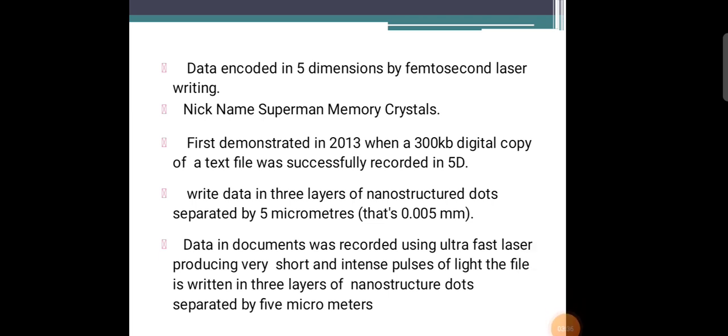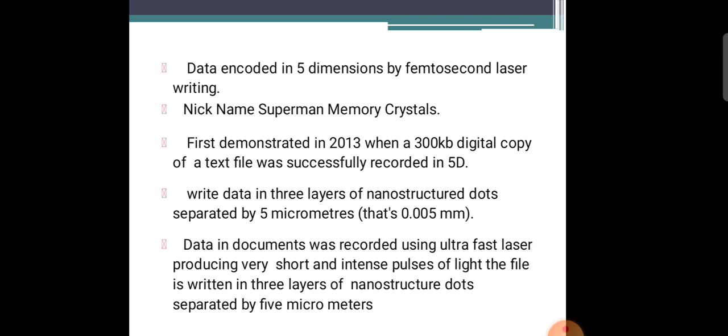First demonstrated in 2013, when a 300 KB digital copy of a text file was successfully recorded in 5D. Data is written in 3 layers of nanostructured dots separated by 5 micrometers, that is 0.005 mm.